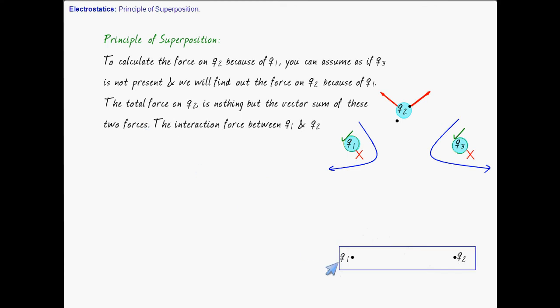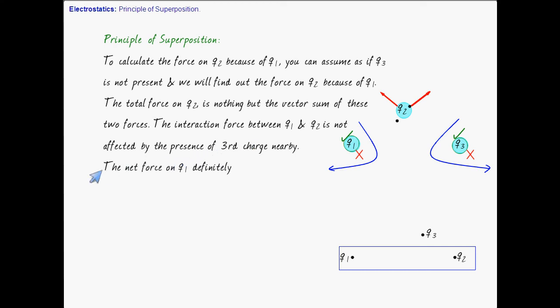The net force on Q1 definitely depends upon what other charges are present in the vicinity. But the force of interaction, that is the force applied by Q2 on Q1, is not affected by the presence of other charges in the vicinity.